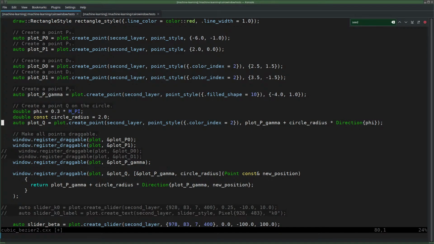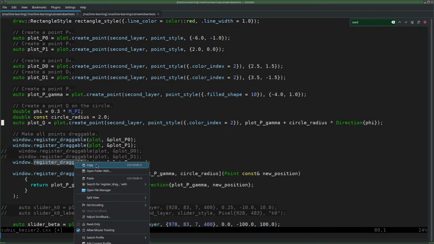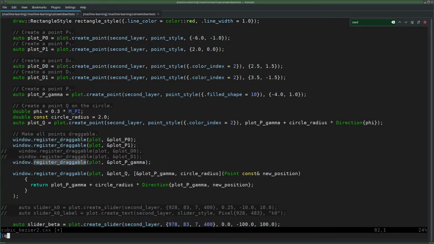I should have a look at the registered draggable that I already have. One of my programs already draws, I think, 2 circles. Just forgot which one.